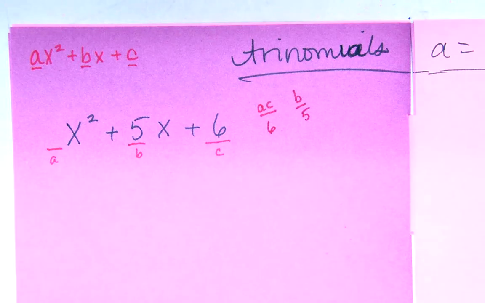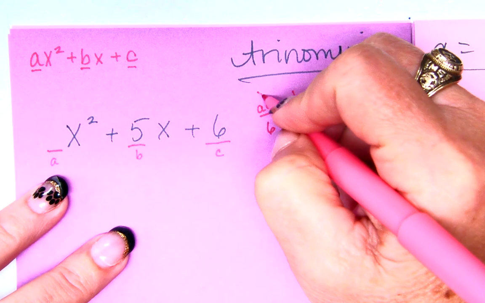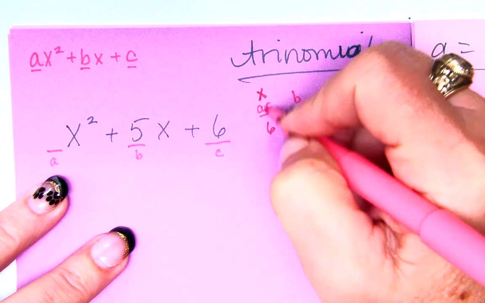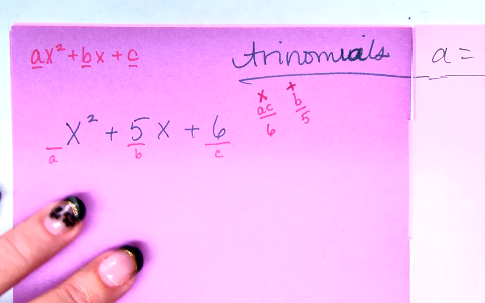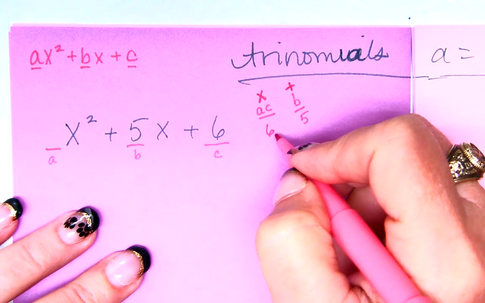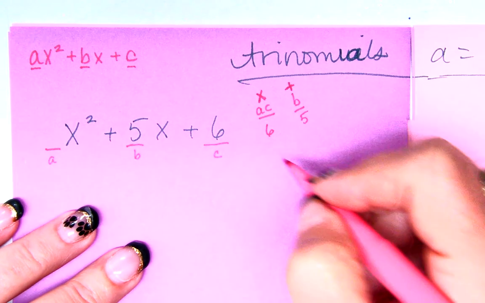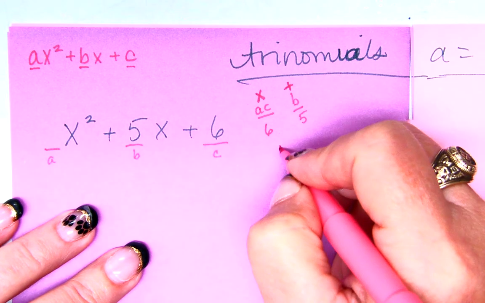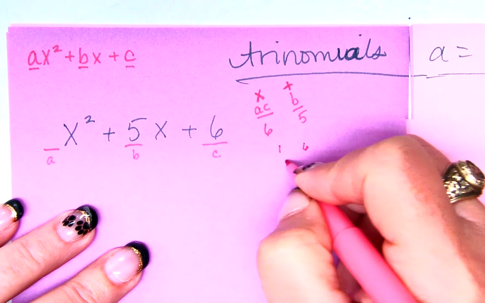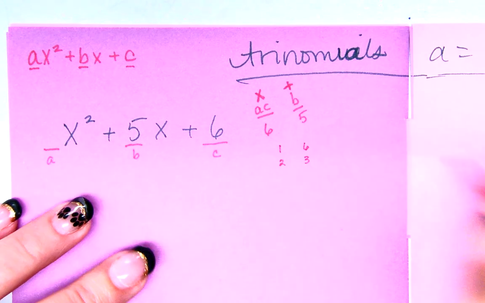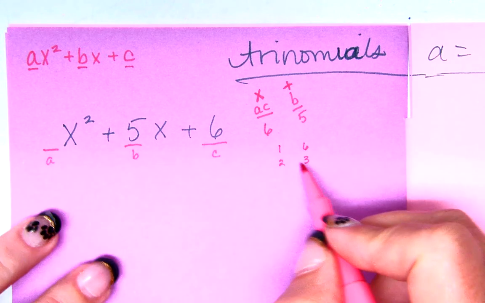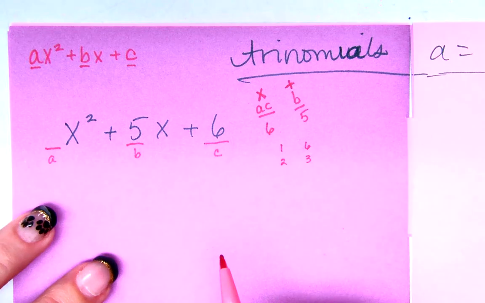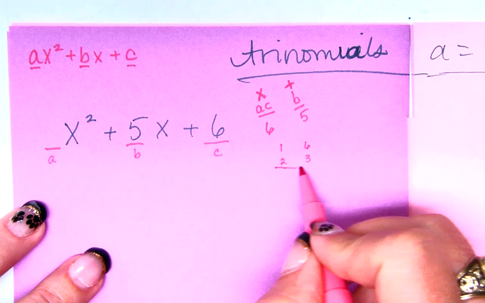So what I'm going to need you to do is think of two numbers that multiply together to be ac and add to be b. Okay? So first thing I want you to do is think about numbers that multiply to be 6. They are 1 and 6 and 2 and 3. Are there any other numbers that you can think of that multiply to be 6? So which combination of these two add to be 5? 2 and 3. You okay with that?